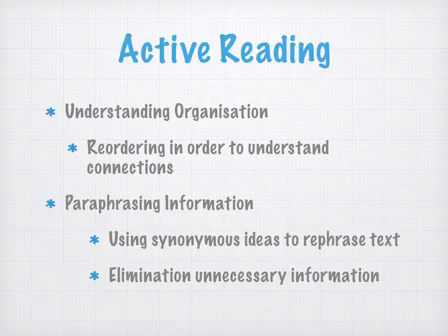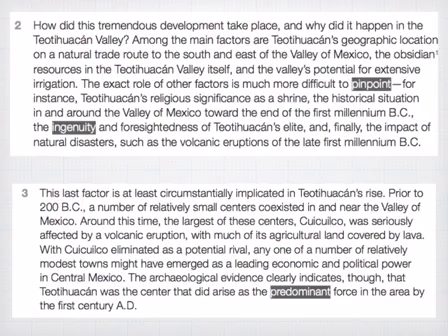Paraphrasing involves using synonymous ideas to rephrase text and eliminating any unnecessary information in the text as well. So now if we go back and look at the text that we've got to work with, we need to be looking for information connected with volcanic eruptions and the first millennium BC.